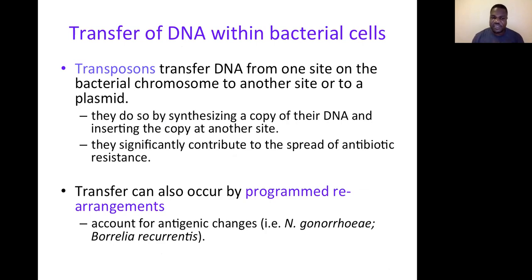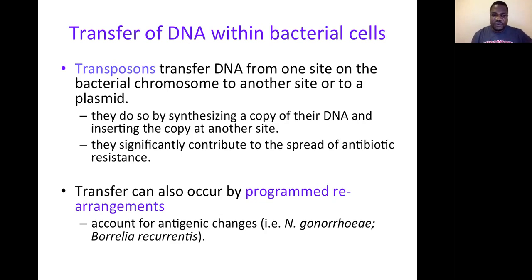We say that the transposon can transfer DNA from one site on the bacterial chromosome into another site, or into a plasmid. Instead of moving from a chromosome to another site of the chromosome, it can also move from the chromosome into a plasmid. That's how even the mosaic of resistance happened among bacterial pathogens.